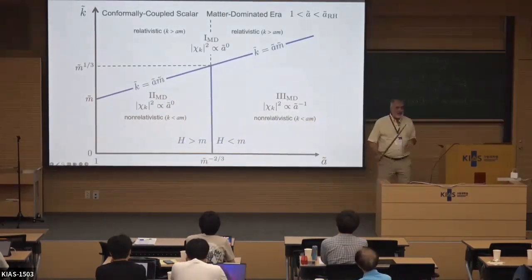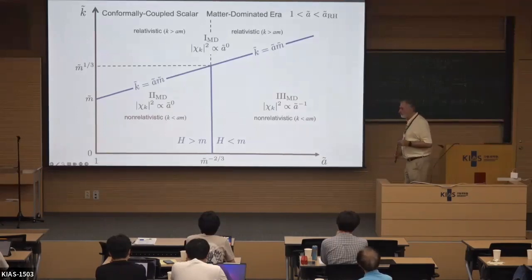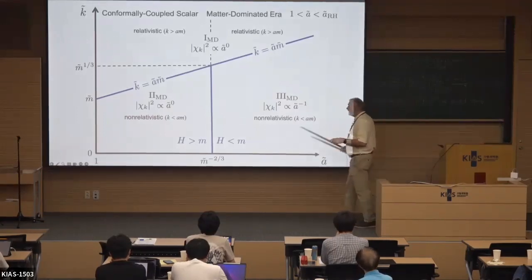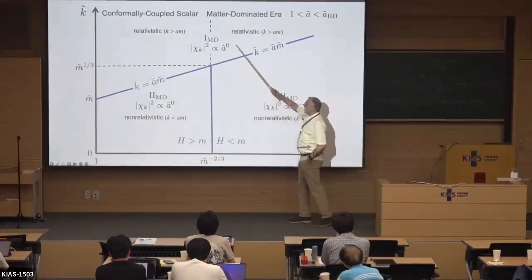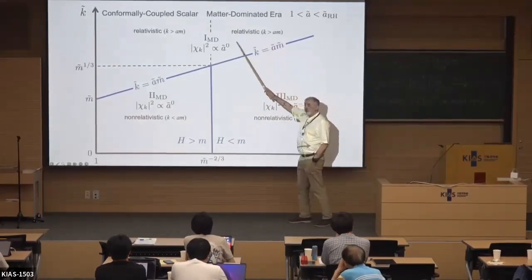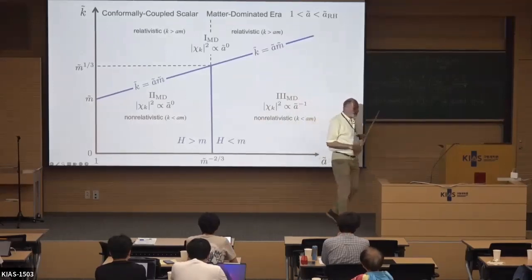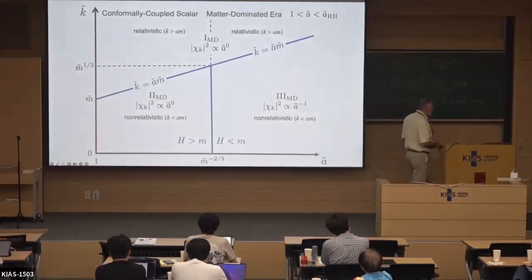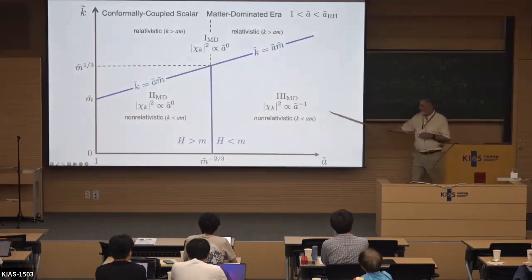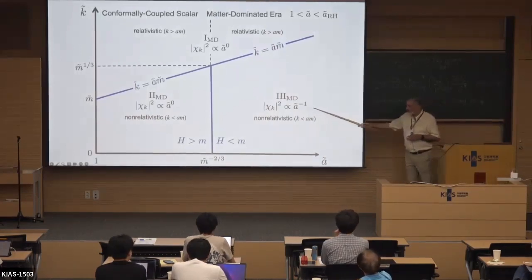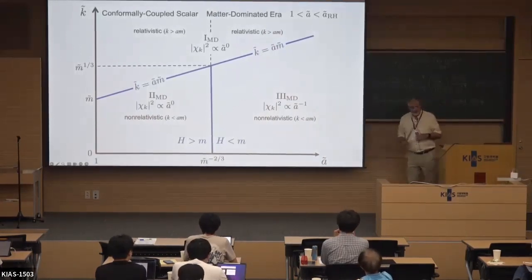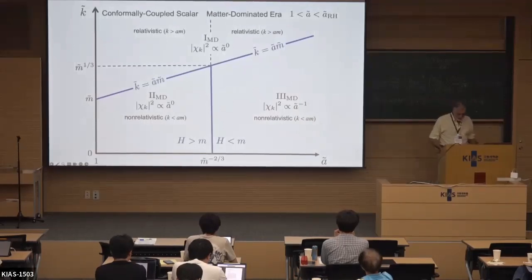And yesterday I made the implicit assumption that the universe is matter dominated during all this time. I did not take into account the possibility that the universe reheats before it reaches this state where chi goes as a to the minus 1.